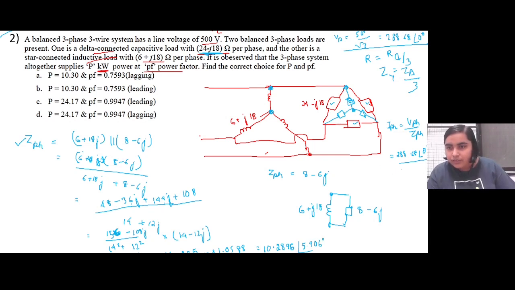So we have 288.68 divided by 10.289, angle 5.906.